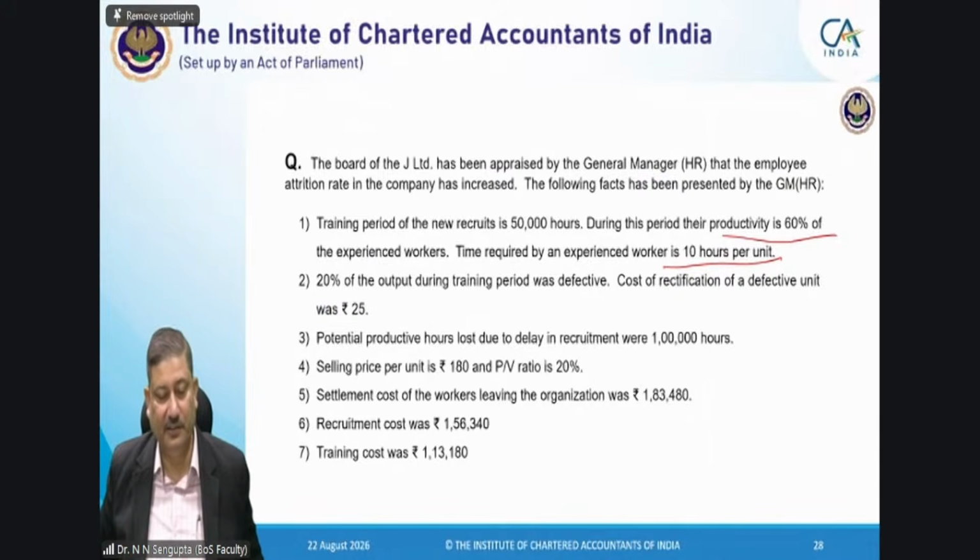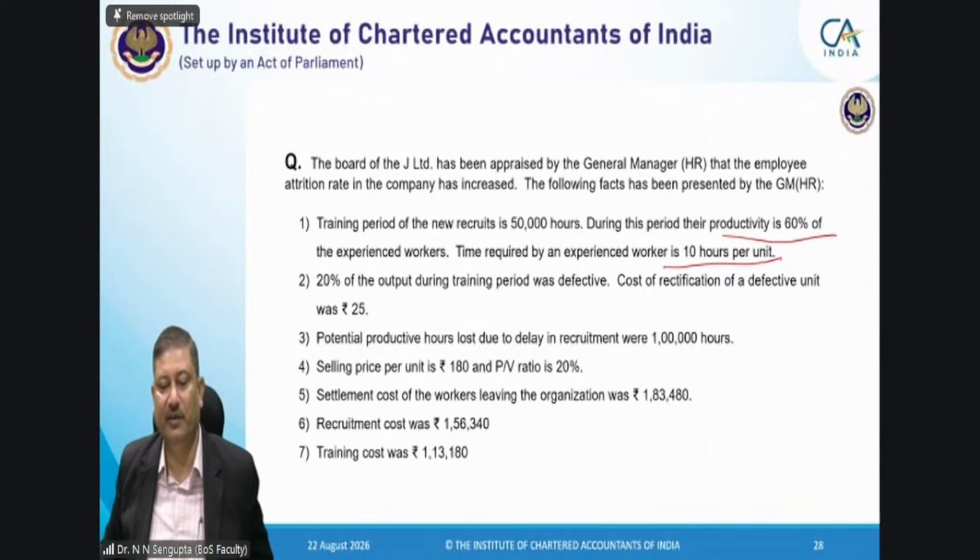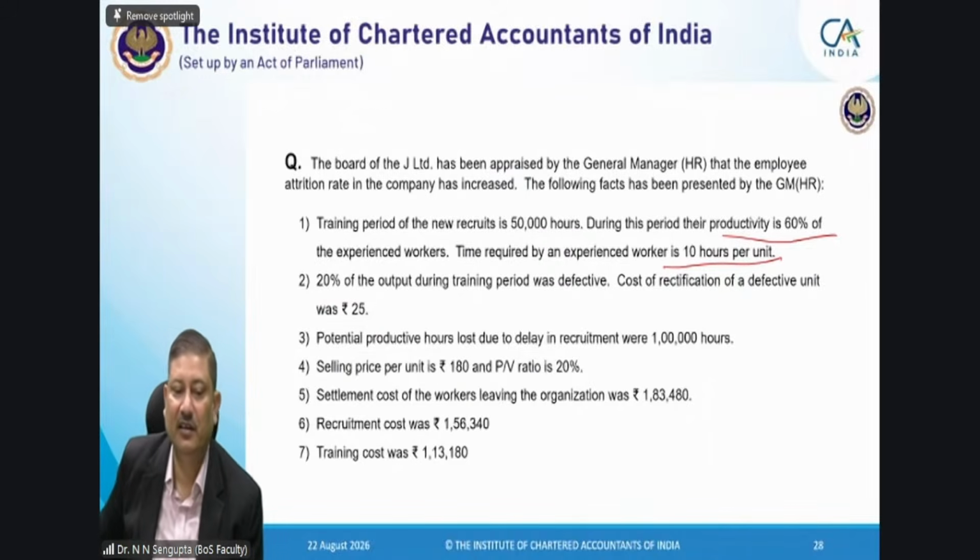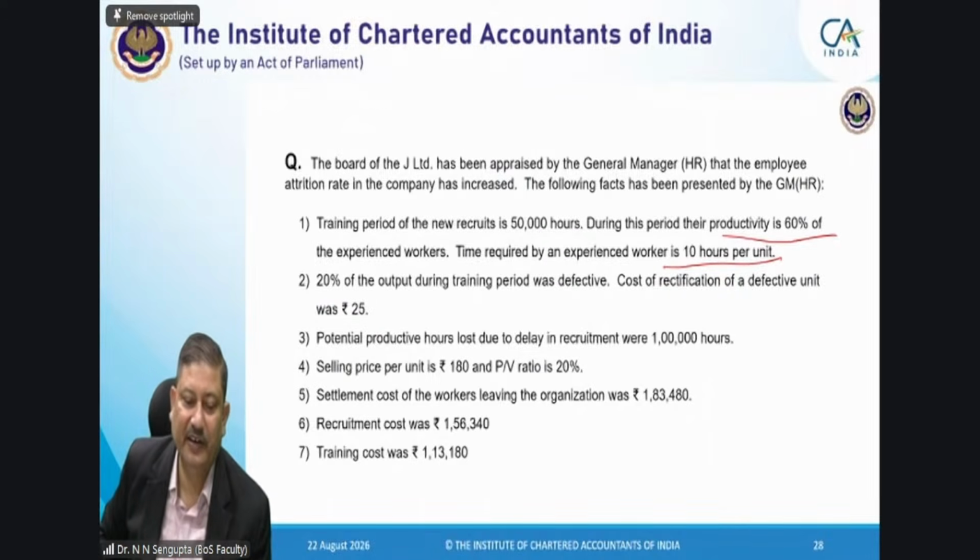So whatever the production was done, 20% of the output during the training program was not effective at all. Cost of rectification of a defective unit was 25. So if any defective unit has come and you need to rectify it, then you need to put a cost of rupees 25.